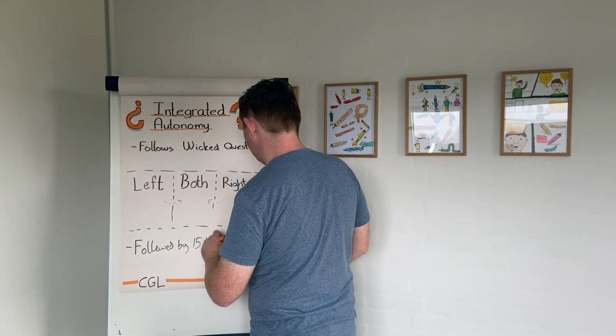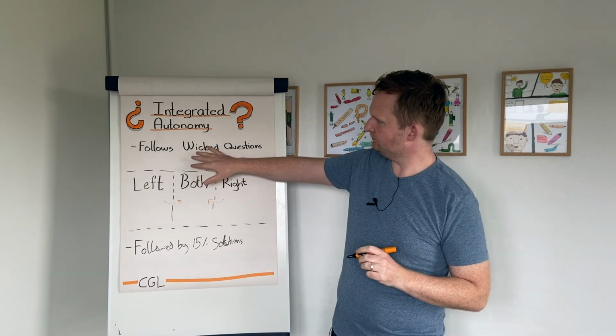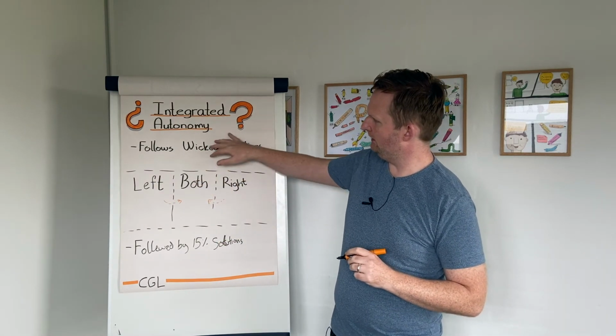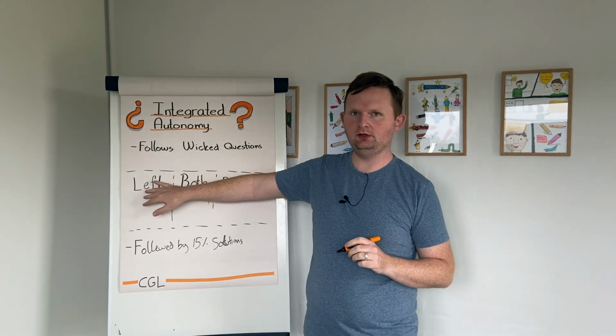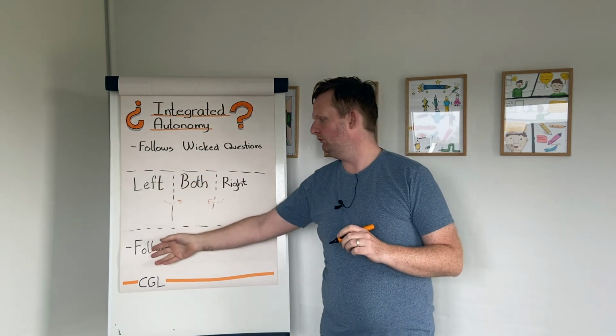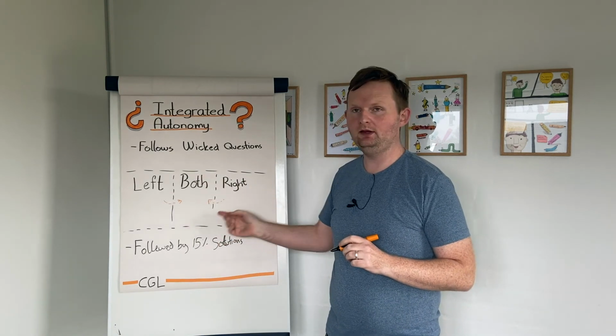Sorry, that was wrong, that was the T. Solutions, sorry. So if we have this question right, then we have now generated some things that will both help the left side and the right side, and then we can follow up with 15% solutions to try and make this happen.